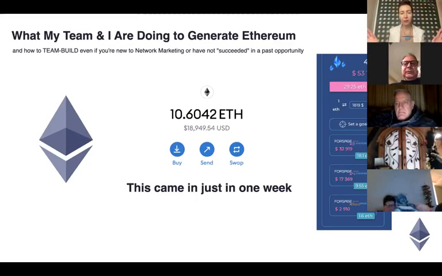Obviously you can go wide if you like, but building deep, helping your team grow, and you winning, it's a win-win-win. Whoever enrolls wins, I win, and my upline, Mike, wins. Everyone is taking part of the ETH stake of the Ethereum being generated.